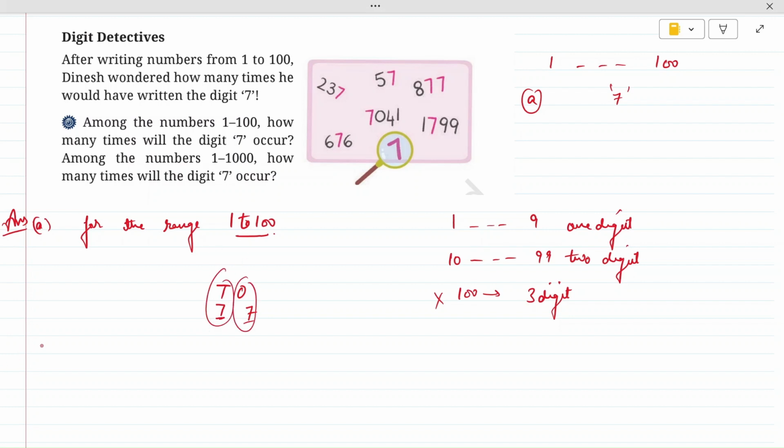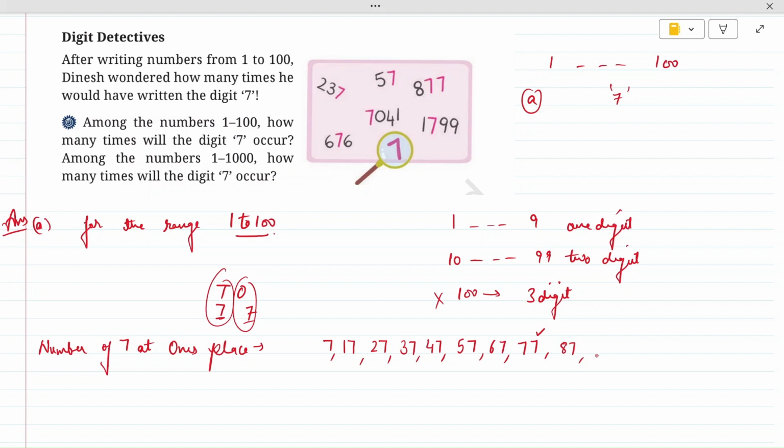So I'm writing here: number of 7s at 1's place. Let us see the numbers where 7 is at the 1's place, and they are 7, 17, 27, 37, 47, 57, 67, 77, this 7 I'm talking about here, 87, and 97. So how many sevens do we have?